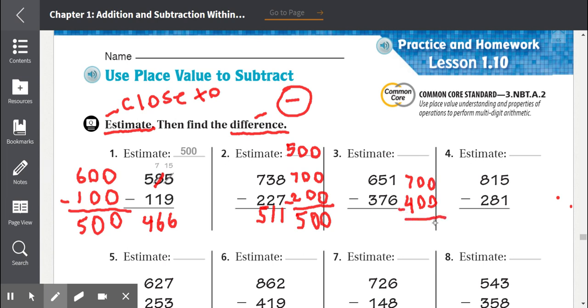So let's solve. Start with the ones place. 0 minus 0 is 0. 0 minus 0, 0. 7 minus 4 is 3. So our estimate is 300.